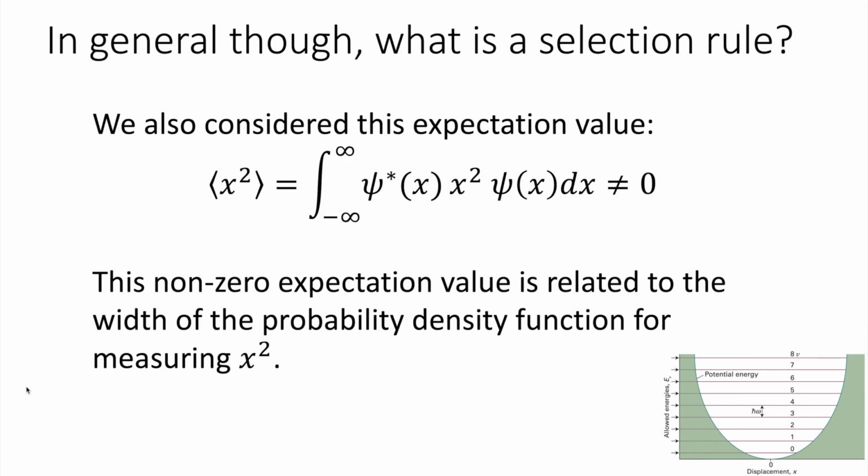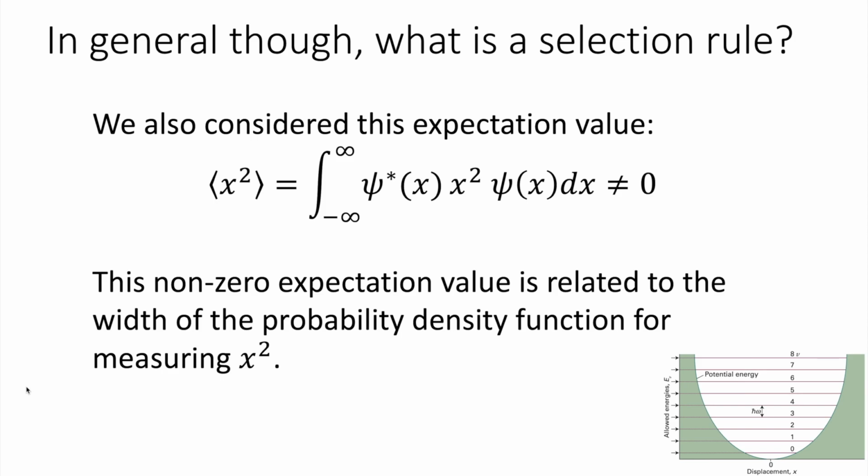Again, simple interpretation: the average position of the quantum harmonic oscillator is at its equilibrium point. But this doesn't tell you the whole story. Like with anything statistical, the mean often doesn't tell the entire story. We want other metrics, like the standard deviation, the variance, the mode or the median. Here's an example: the expectation value of x squared. When we calculated it, we found that it is not equal to 0. In fact, it changes depending on the energy level at which your harmonic oscillator is vibrating.